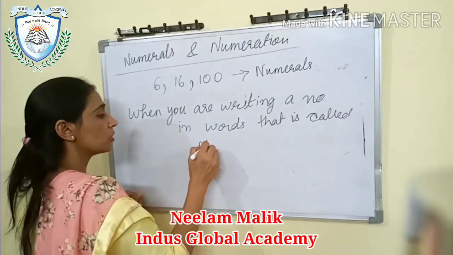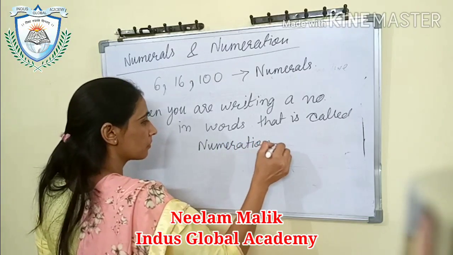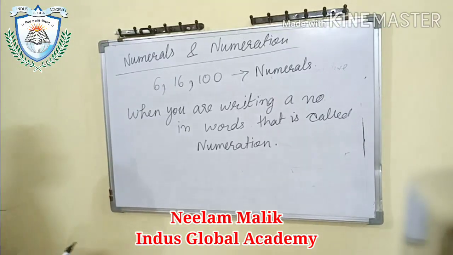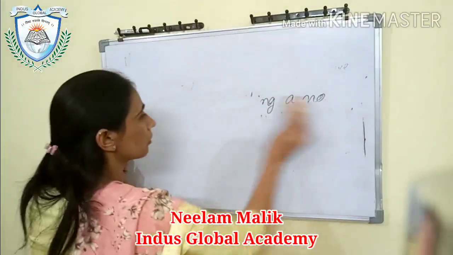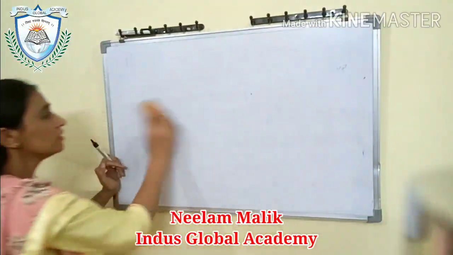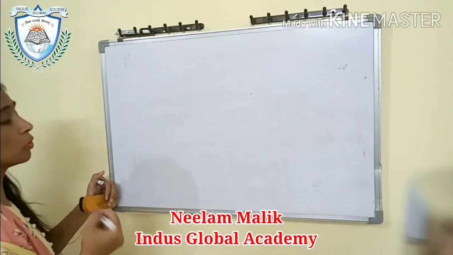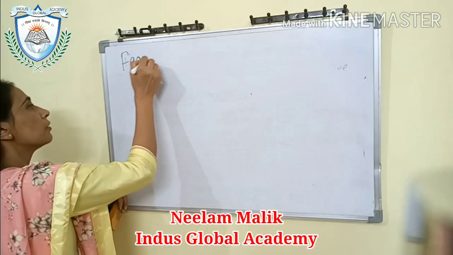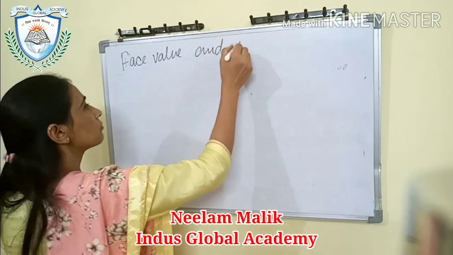After numerals and numeration, next is face value and place value. You have already done place value and face value, but here we will do some more operations on that.